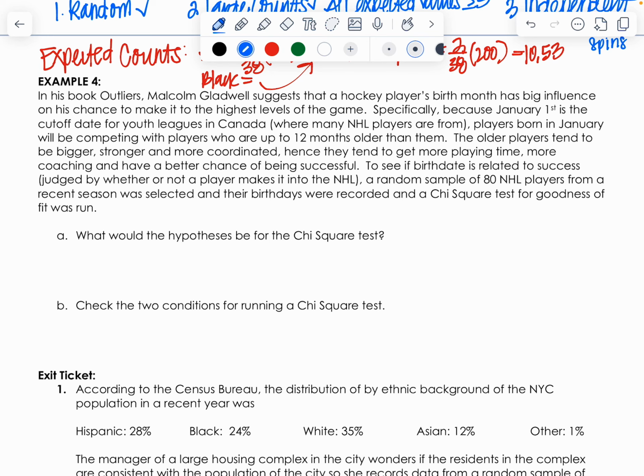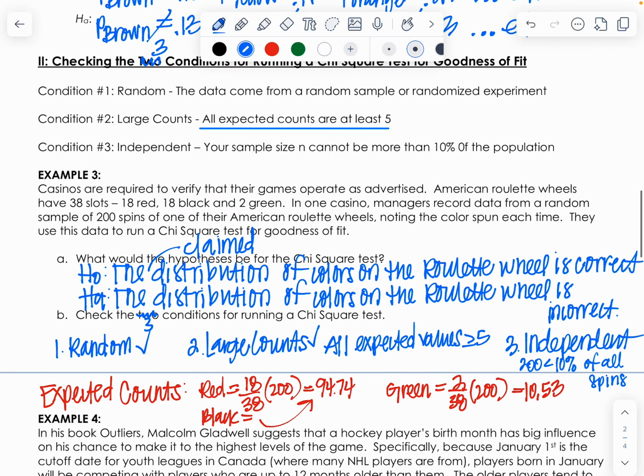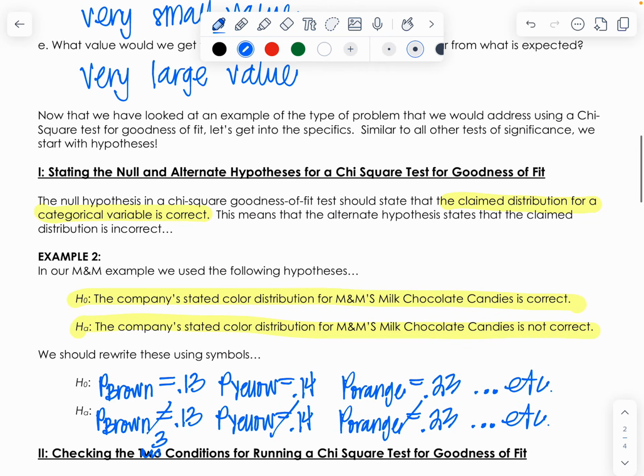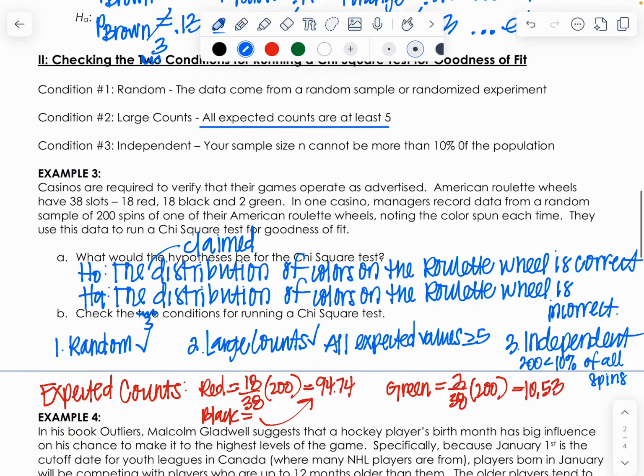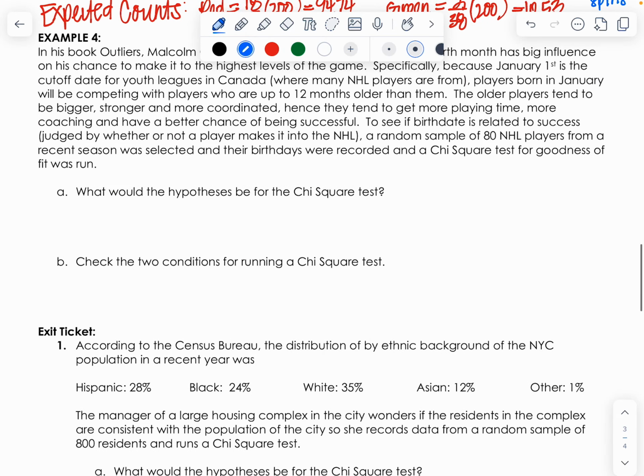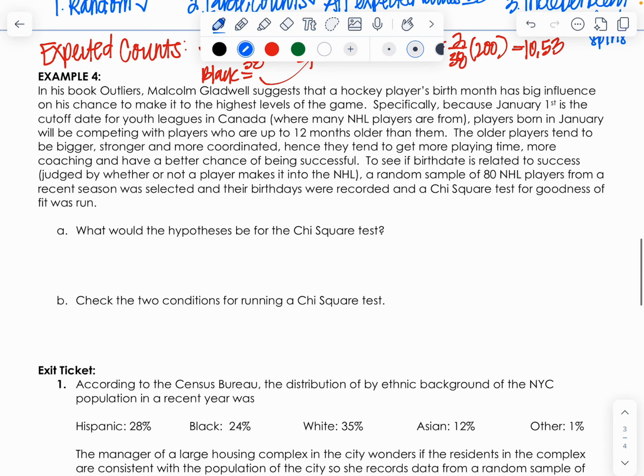Okay, so this is the second type of goodness of fit test. Notice in this test for the roulette wheel and in this test up here for the M&Ms that we talked about, they had each category represented by a different percent. But in this category, we would be checking to see in this sample of NHL players, is every month represented equally when it comes to birth month?